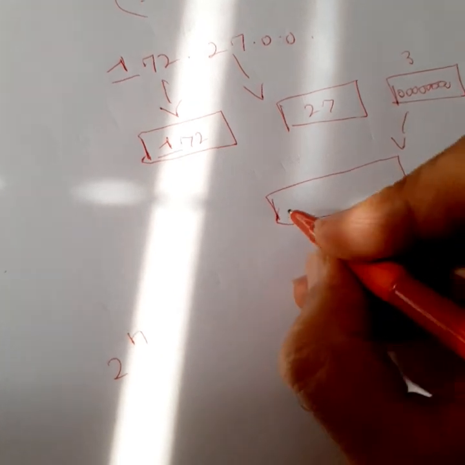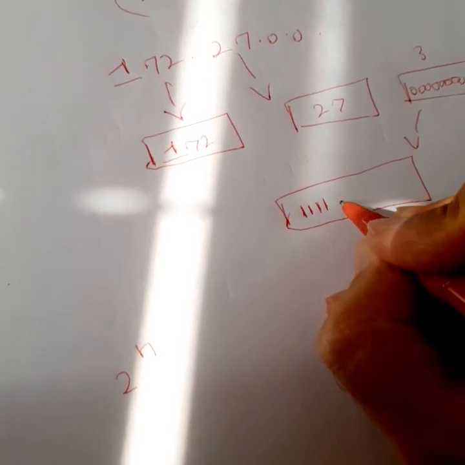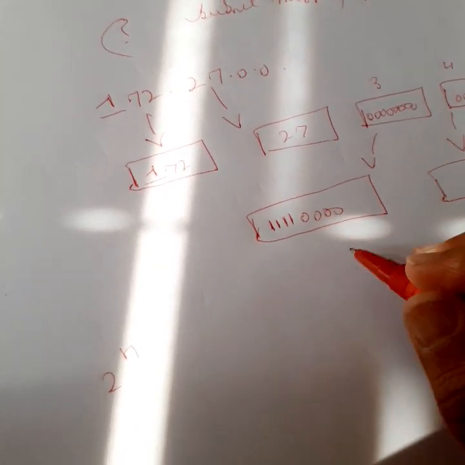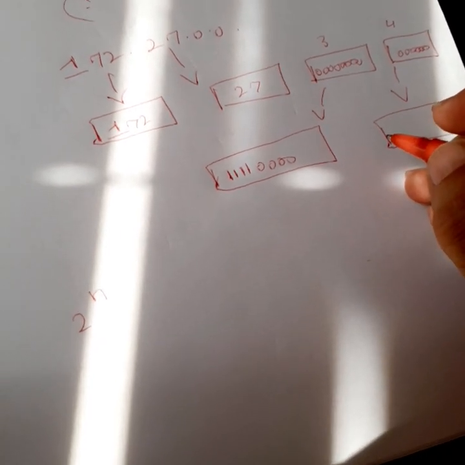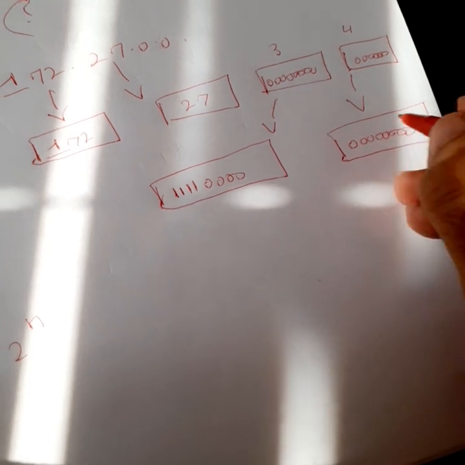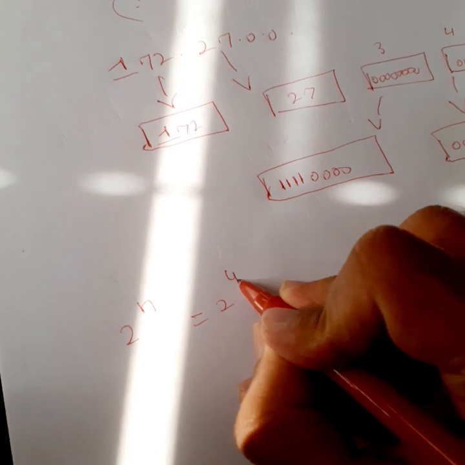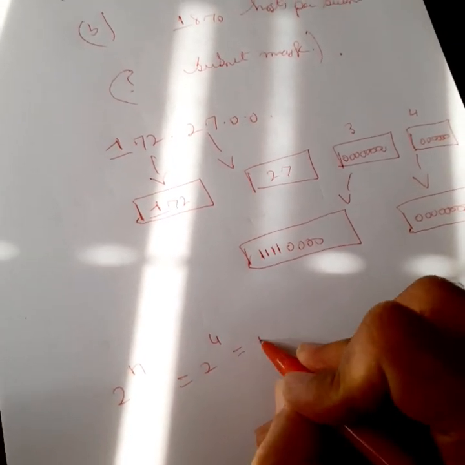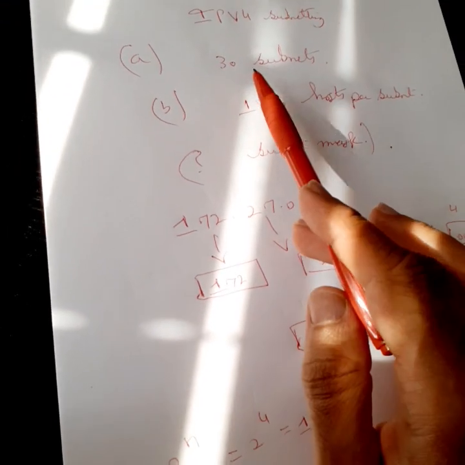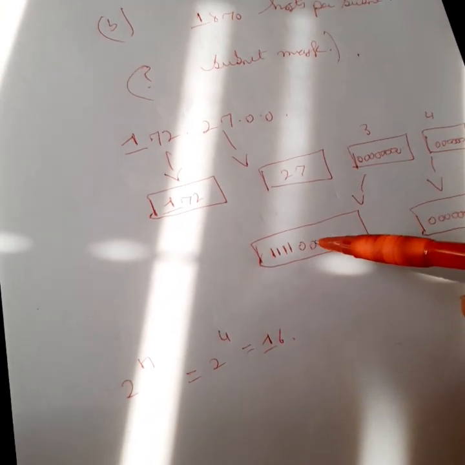If I change the first 4 zeros to 1s in the third octet, and leave the rest like that, 5, 6, 7, 8 being octet number 4, then 2 to the power 4 is 16. But we have 30 subnets, which means we still need to move a bit further.